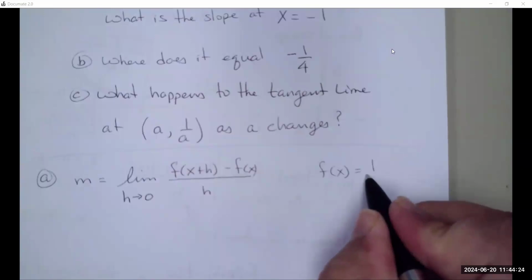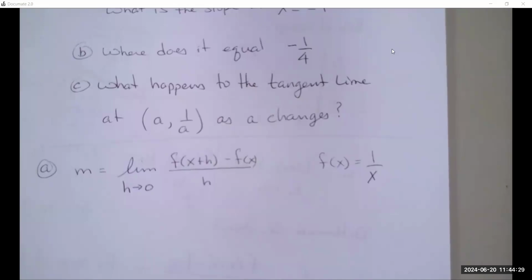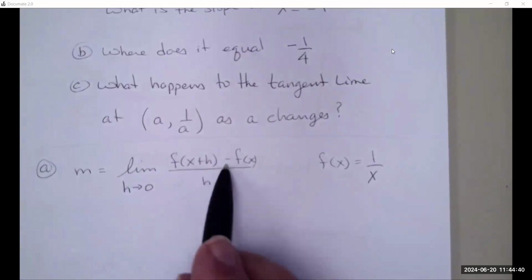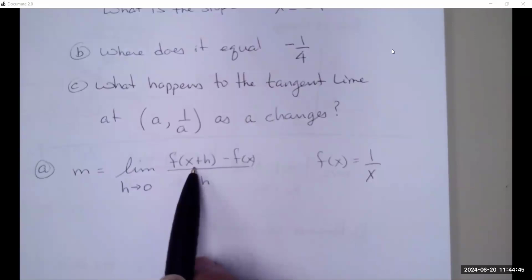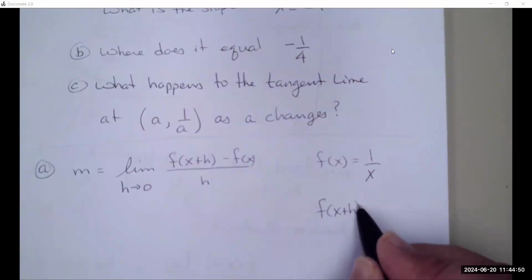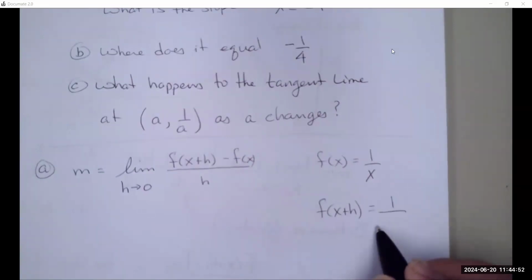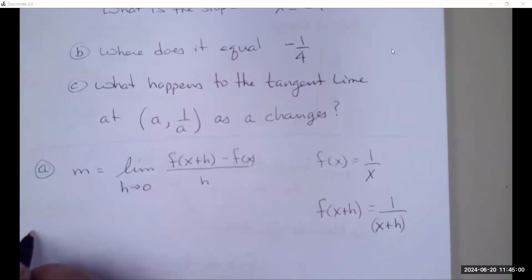And our function is 1 over x. So what do we have to do first? To use this formula, we have f of x. Do we have f of x plus h? No, we have to find an f of x plus h. Because now we could just plug and play.